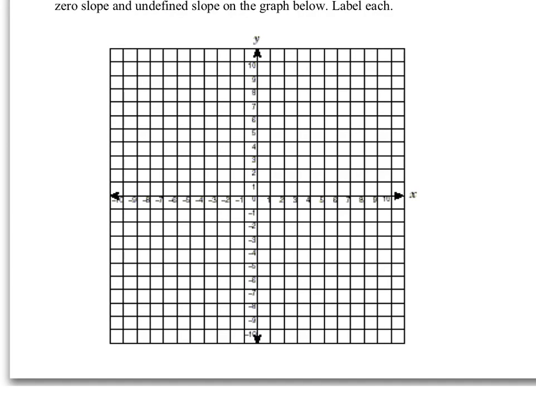So when we're trying to find the slope of a line, we may have a line that looks like this. And we'll be asked to find the slope of the line. Now we want to describe that slope in terms of the difference in its rise over run.